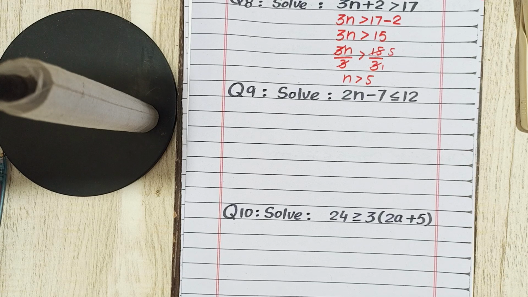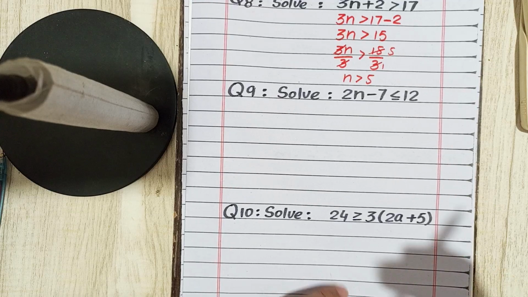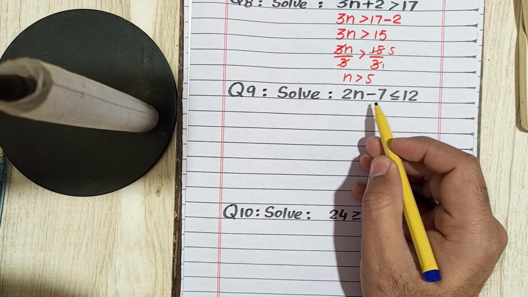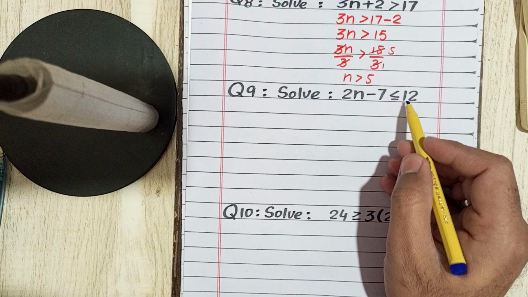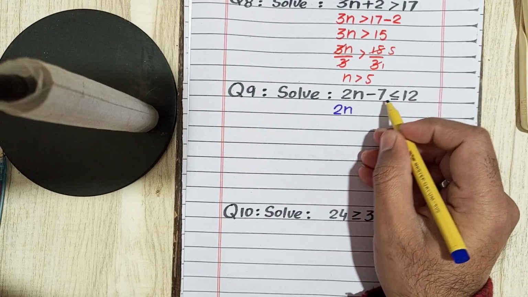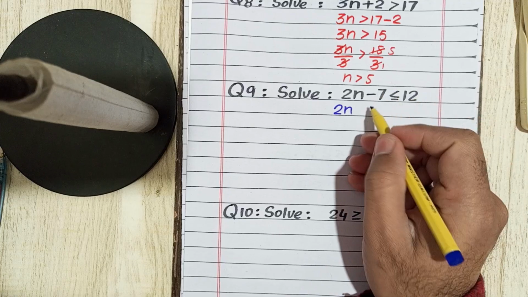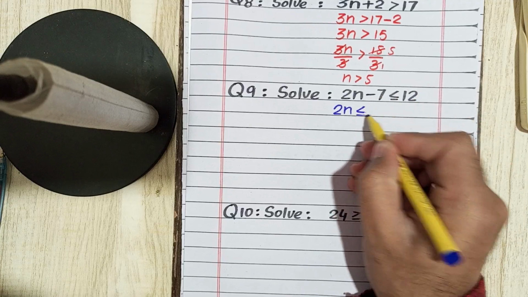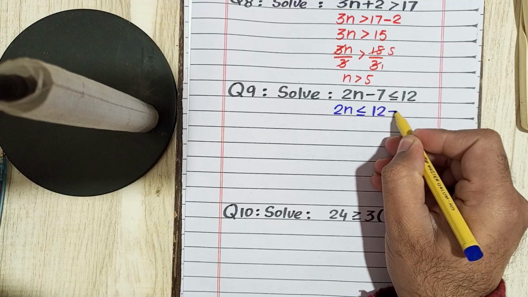Now our next question, 9. In question 9 we have 2n minus 7 less than or equal to 12. So we shift minus 7 to the other side, so we have less than or equal to 12 plus 7.